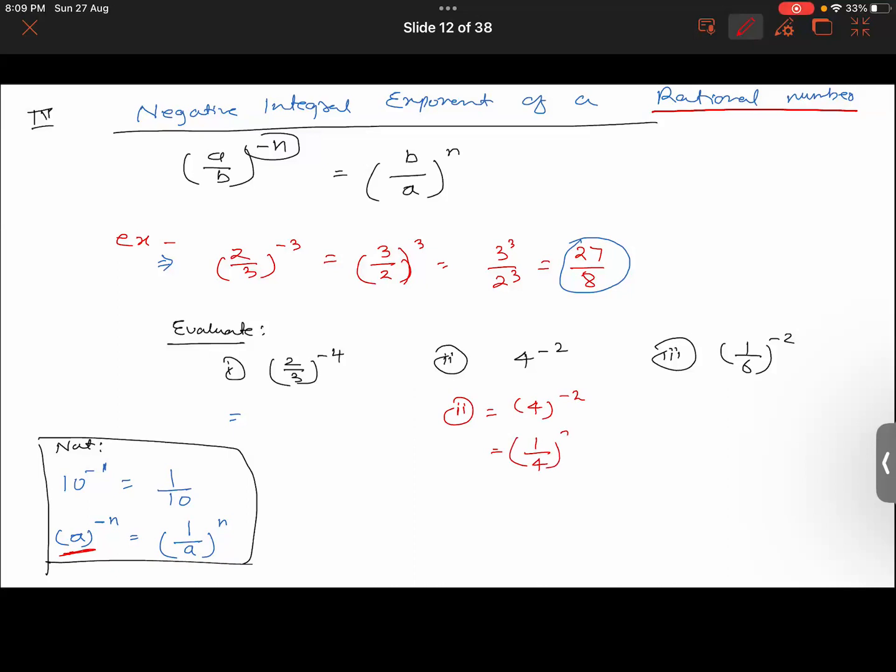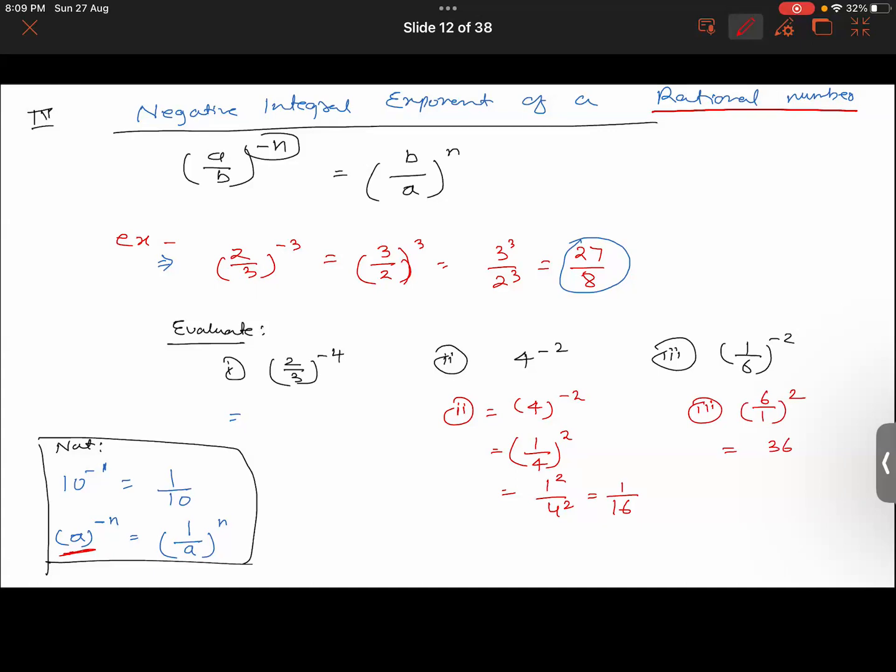And the power's value will be positive, so 1 square upon 4 square, that is 1 upon 16. Good. The third one was also the same, easy. So you have to reverse the order. So it will be 6 upon 1 raised to the power 2 now. Simply 36, right? Okay.